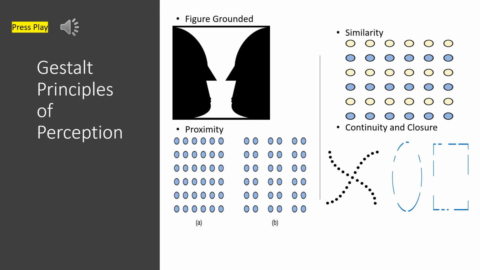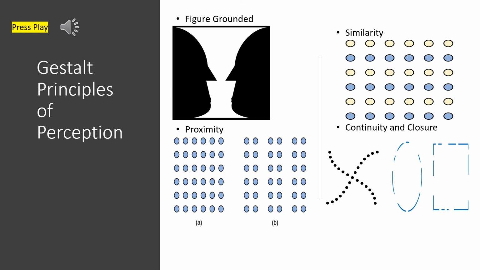And so figure-ground, in this example, the background, the ground part, are the faces. It's the black part, the background. And the vase that you see, the white part, is the figure. And we've all seen the old lady that looks like a young lady, if you need more examples.